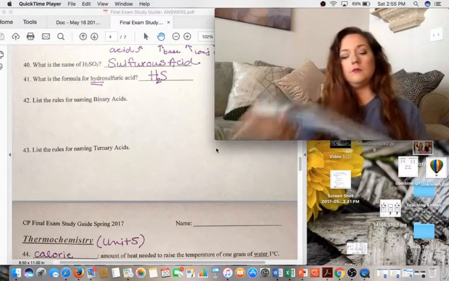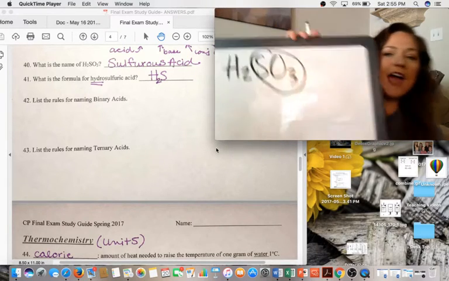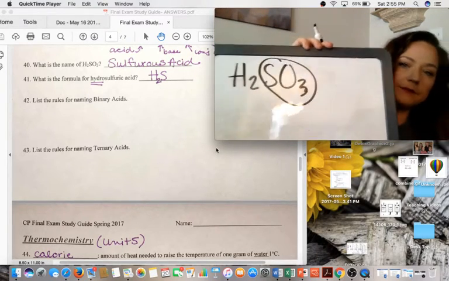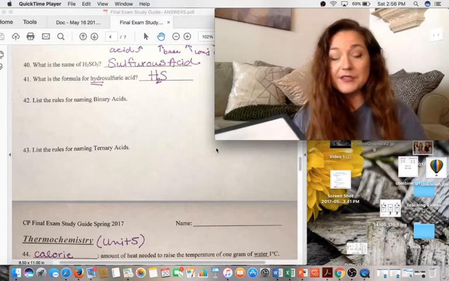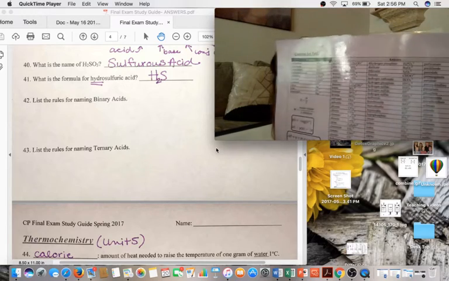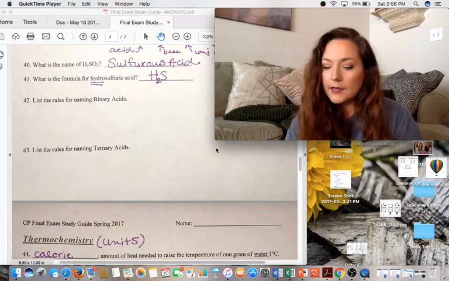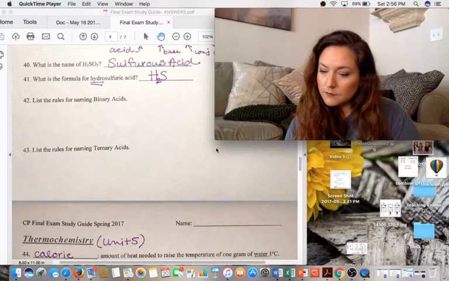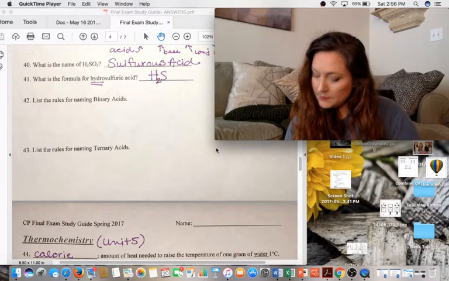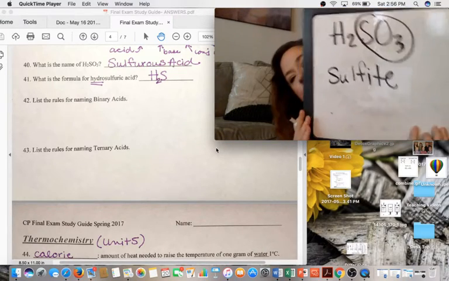Look at the back of your periodic table for SO3. When I look there for my SO3 on my polyatomics, I get SO3 sulfite. I get the polyatomic sulfite.